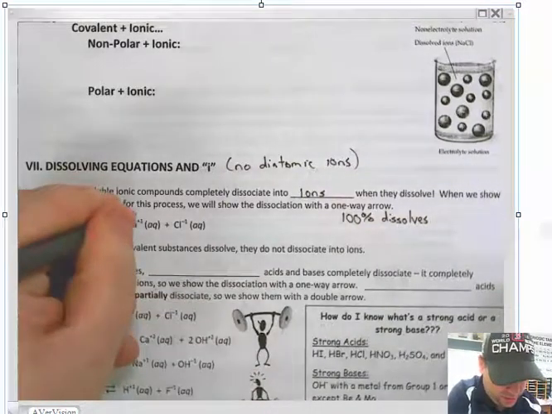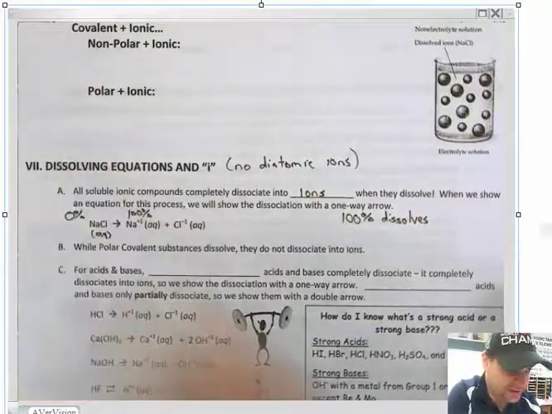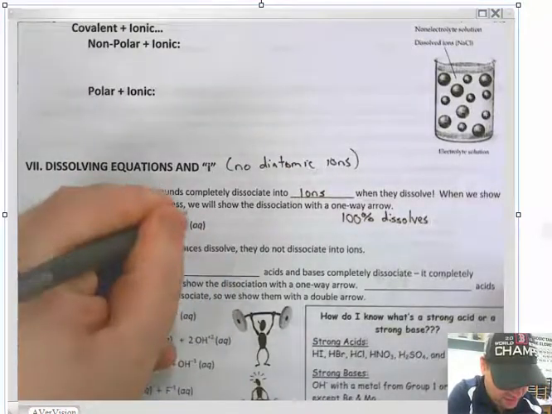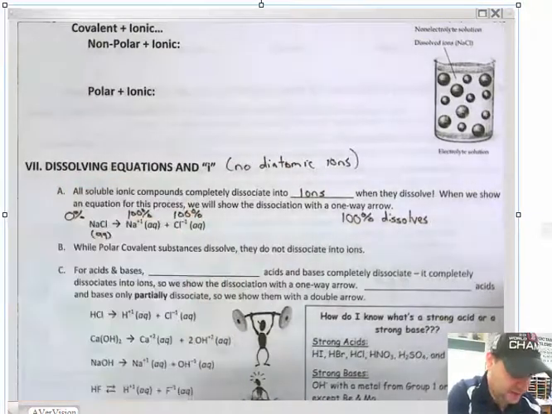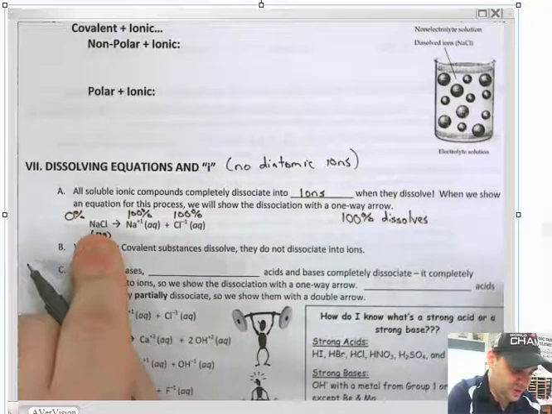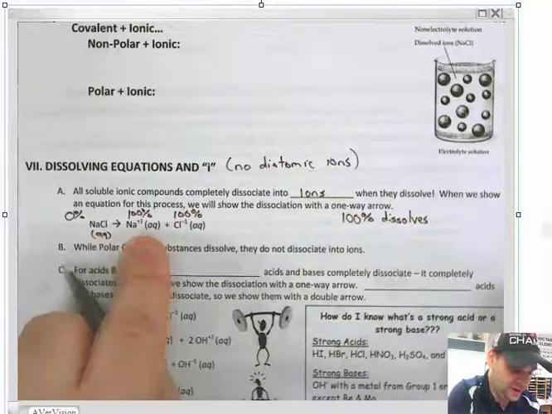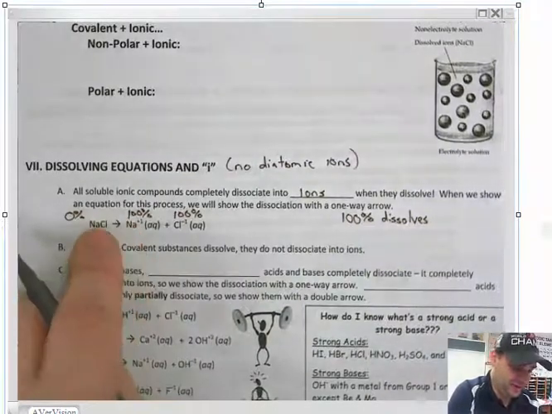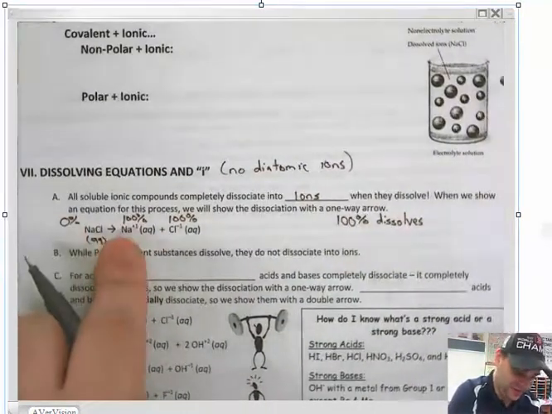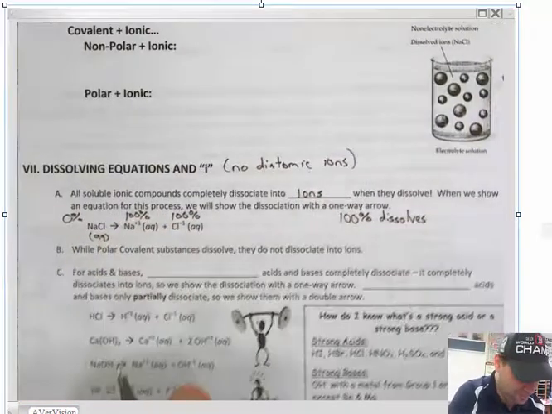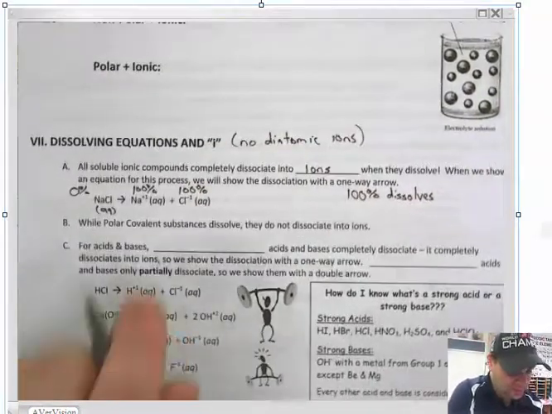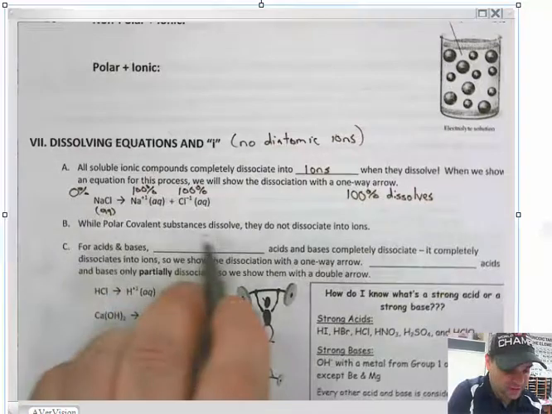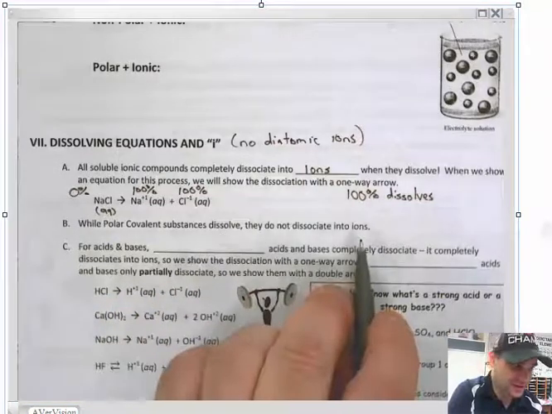There is 100% sodium ions and 100% chloride ions, because for every sodium chloride we get one sodium and one chloride ion. The big point here is there's no NaCl floating around. It's all Na+ and Cl-. Polar covalent compounds dissolve, but they do not dissociate into ions.